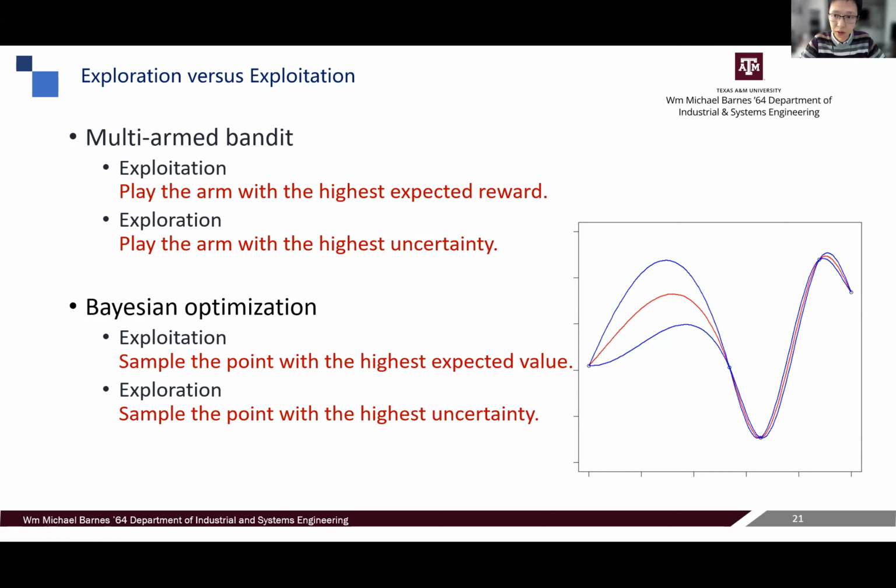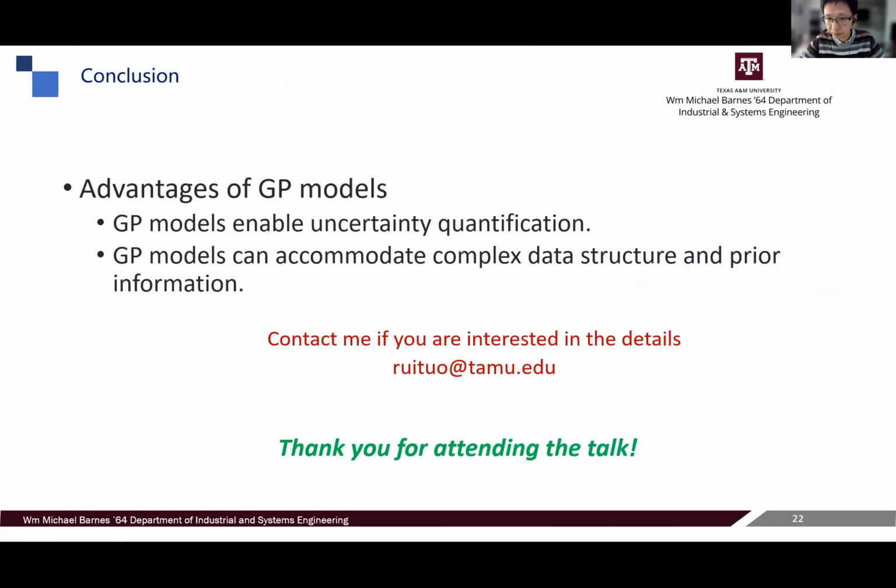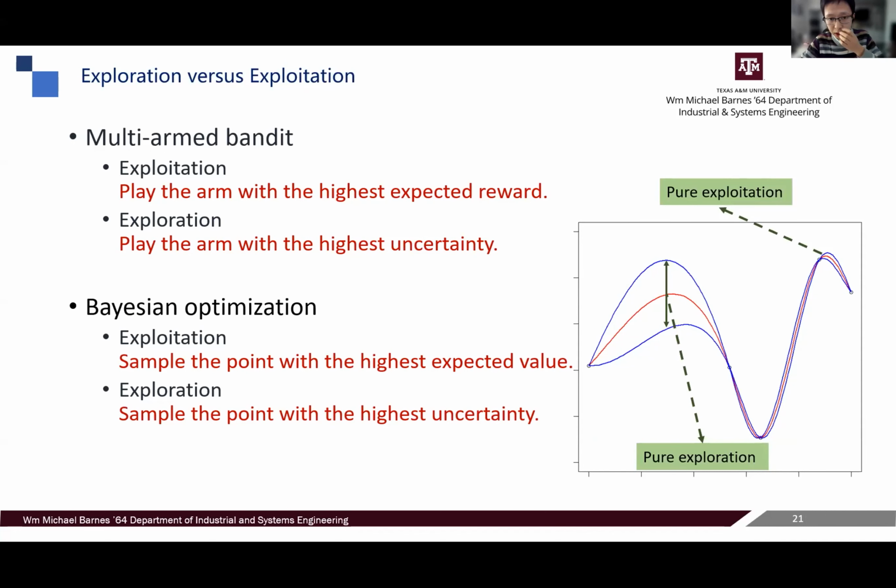That's what we call exploitation versus exploration. This is why we need access to the uncertainty of the model. This is basically why we have to use a stochastic model like GP, because if you use a point estimate that does not reflect the uncertainty, you have no way to explore this surface instead of doing pure exploitation.